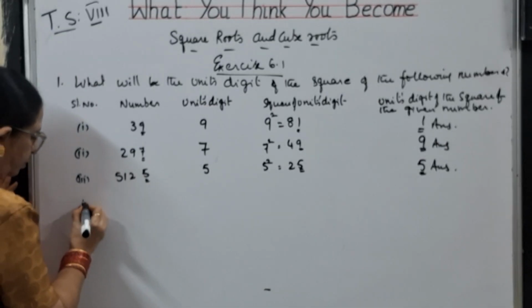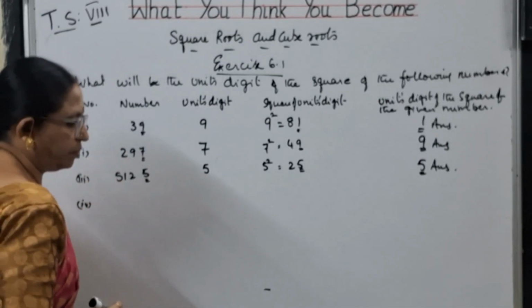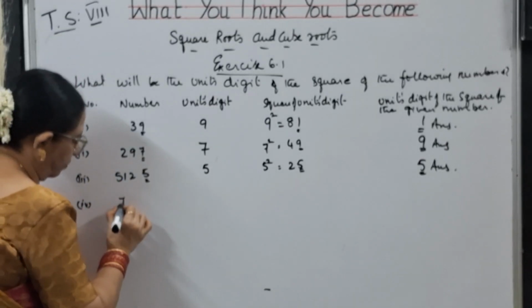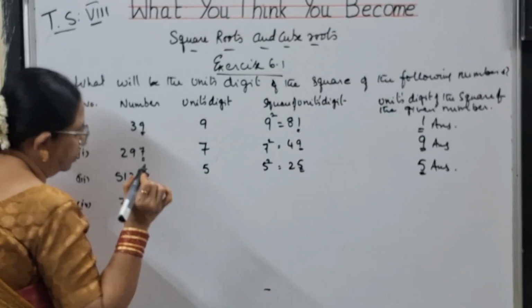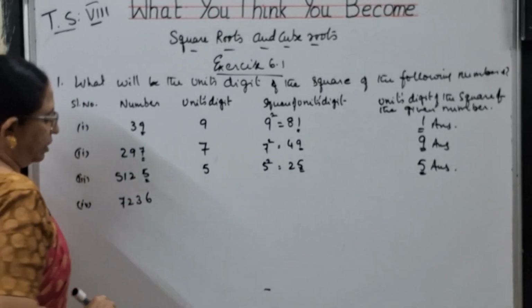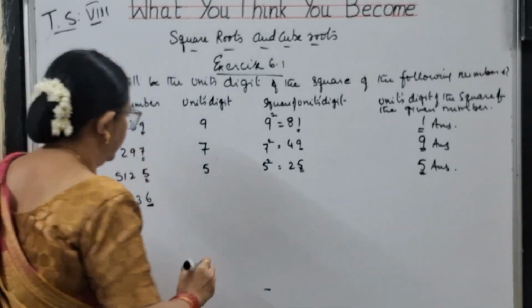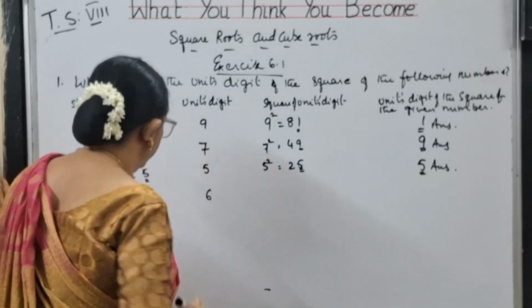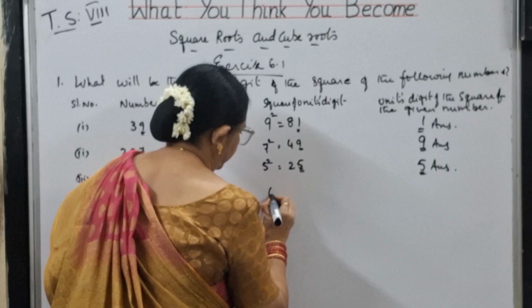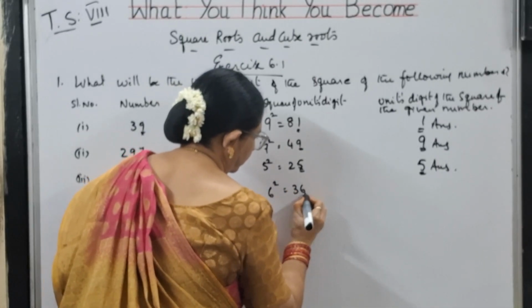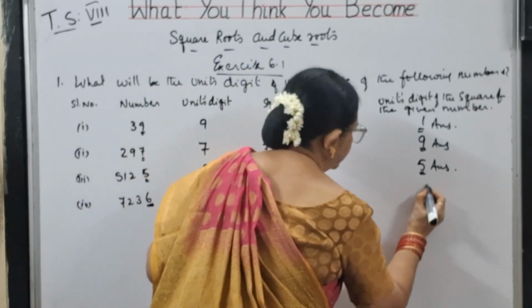Now fourth bit. Fourth bit is 7236. 7236 is the given number. In its units place is 6. So let me write that as 6. And 6 square, you are getting 36. So what is the units digit here? 6.